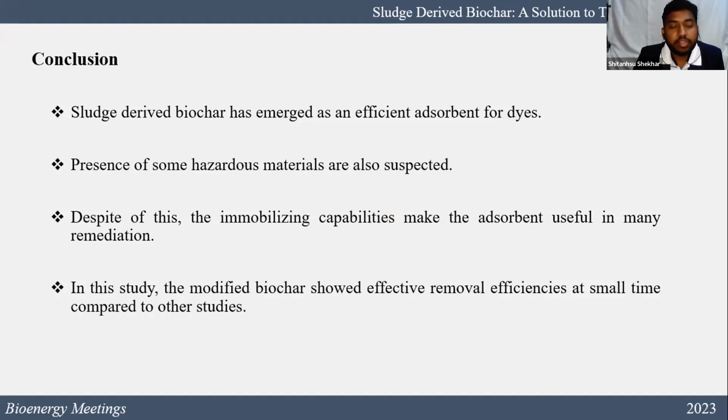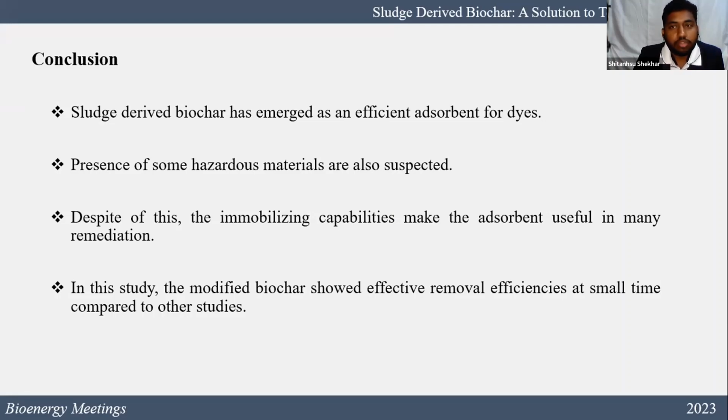The AAS method and the XRD method can be used for the presence of heavy metals and hazardous material in the sludge or the biochar prepared from the sludge. And as I mentioned earlier, it has immobilizing capability, so it is a useful adsorbent.